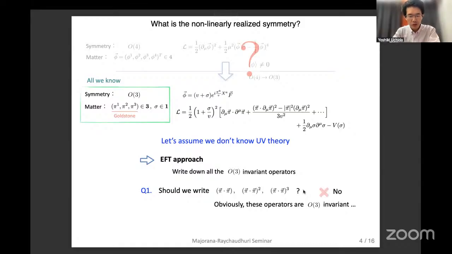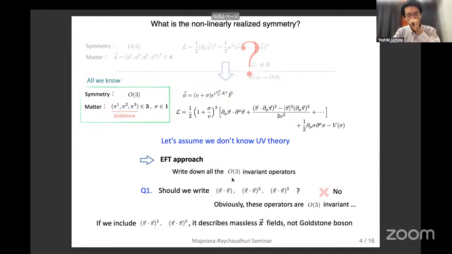But the answer is no. At least for the mass term, we should not write down the mass term because the Goldstone should be massless. And as for the 4-point and the 6-point interactions, naively we can include these, but actually if we include them, they describe massless scalar fields, not the Goldstone bosons.